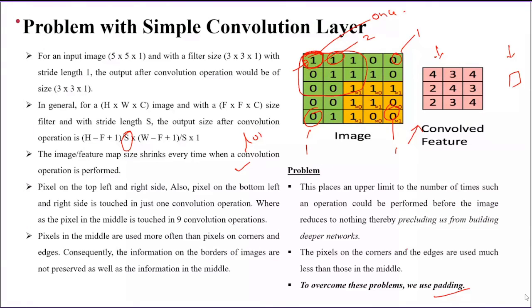So the main problems with the convolution layer are: due to the stride, we cannot create a deep neural network, and also important features at the edges will be missed. We lose the information because the edge pixels participate only once in the convolution operation. In order to avoid that problem, we go for padding. So what is padding?